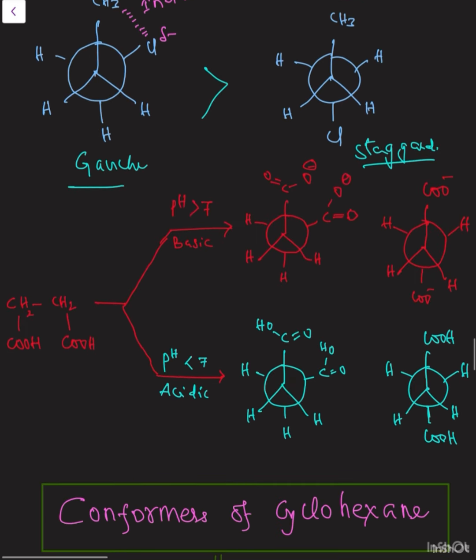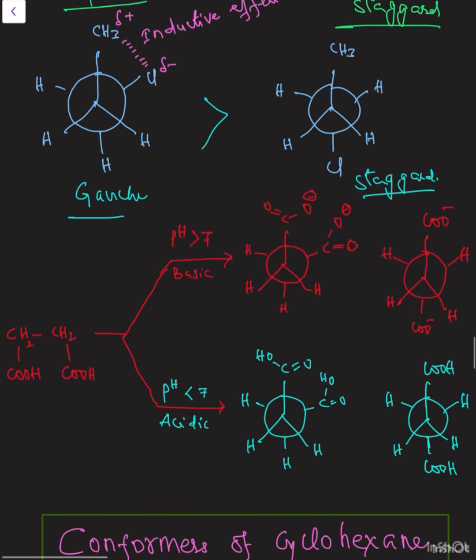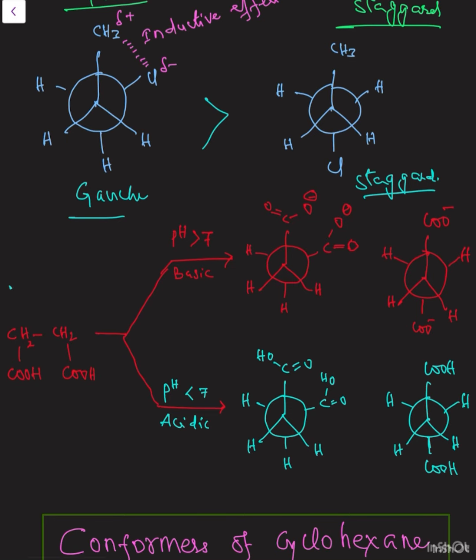Next, coming to one more compound, which is very important. This is also an important point. Look at this example. Here, if we consider ethane, the name of the compound is ethane 1,2 dicarboxylic acid.